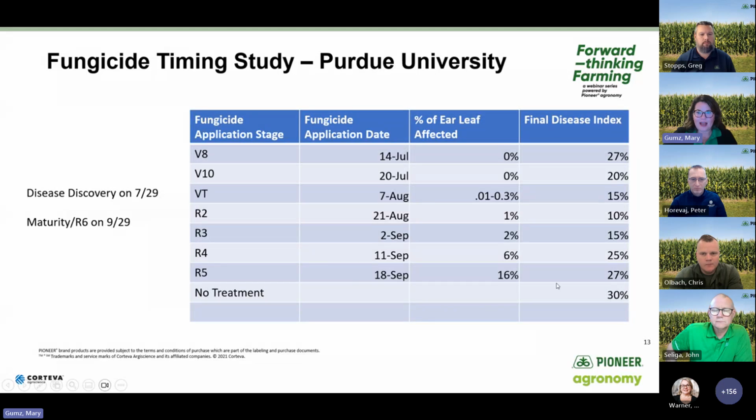And so when they looked at the percent of the ear leaf affected when they applied the fungicide at R2, we were only about 1% infected of the ear leaf, but that gave us the lowest final disease index number. So that did the best job of suppressing the disease for the entire season.